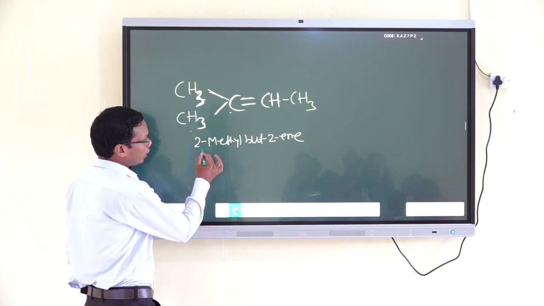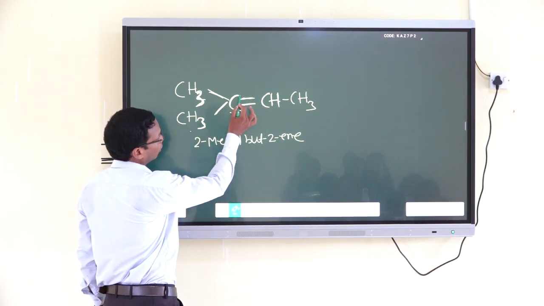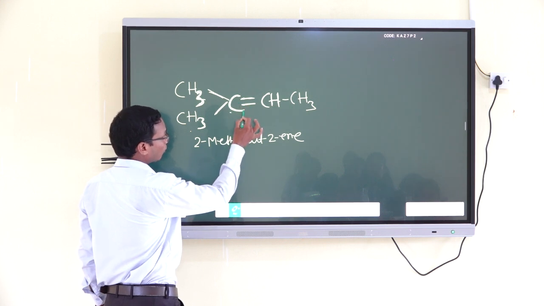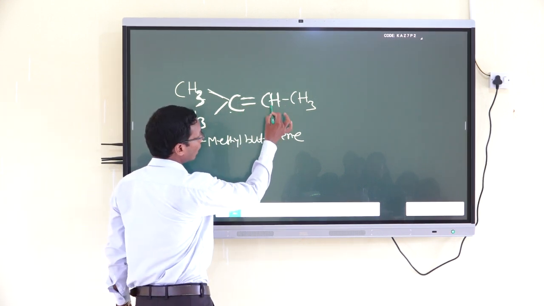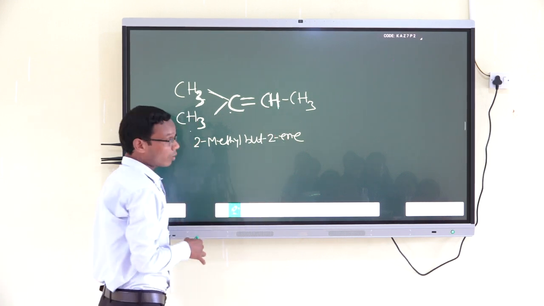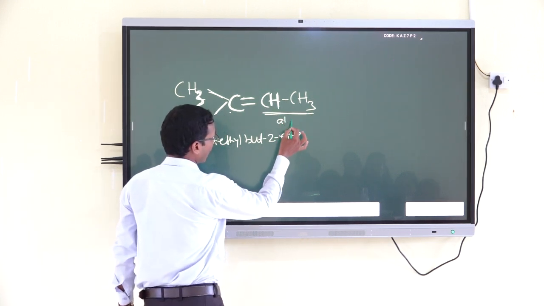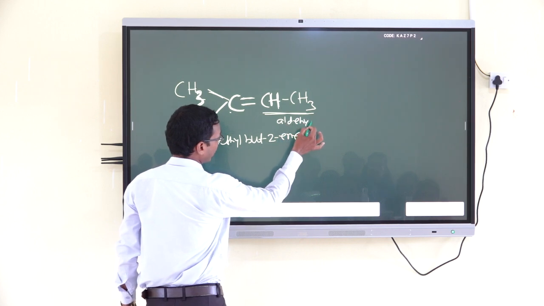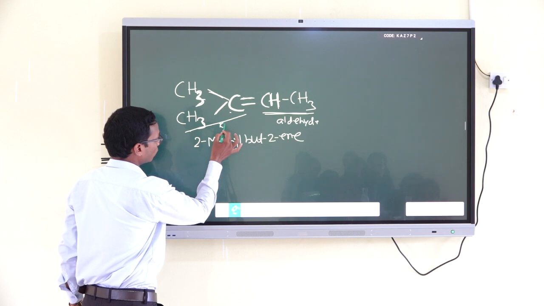So in 2-methylbut-2-ene, in this carbon there is no hydrogen and in this carbon there is one hydrogen. According to our rule, this will give aldehyde and this will give ketone.